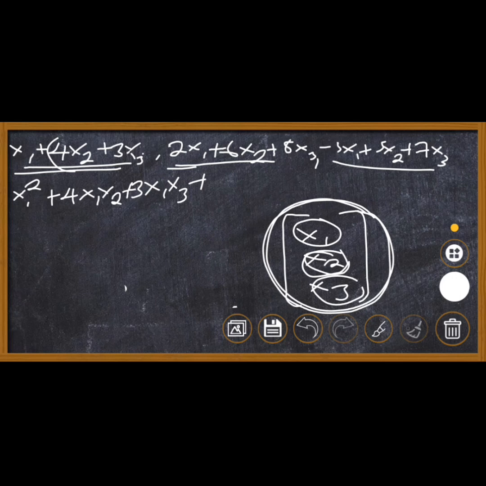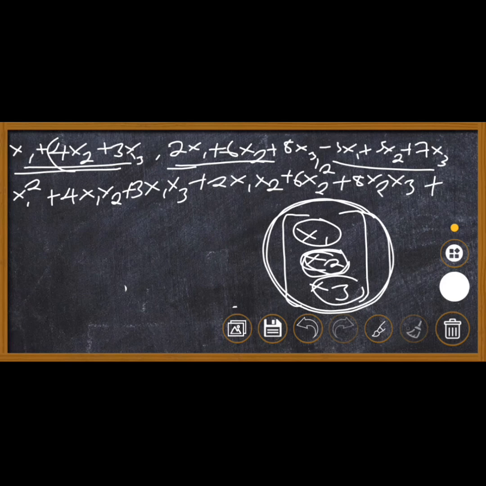So 2x1 multiplied by x2, you have 2x1 x2, plus 6x2 multiplied by x2, we have 6x2 squared, then plus 8x3 multiplied by x2, we have 8x2 x3. Let me just write the last one below here. Hopefully you will not be confused.